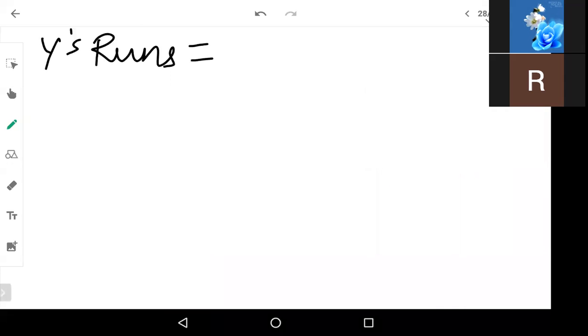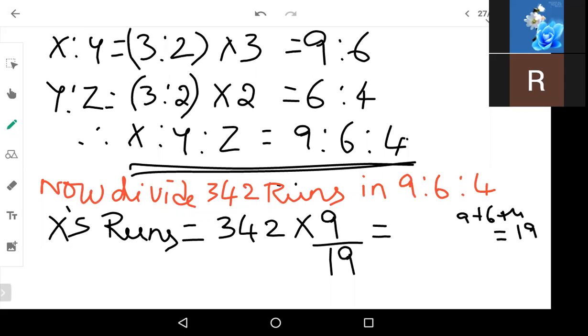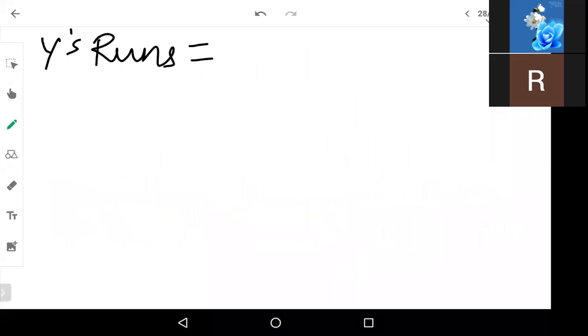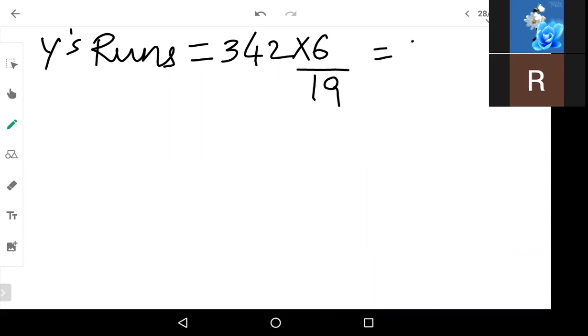We get 162. Okay, good Imran. 162 runs. That is X's runs. Now similarly, let us find for Y as well as for Z. Now Y's runs is 342 into 6 by 19. So 108 runs. Good.